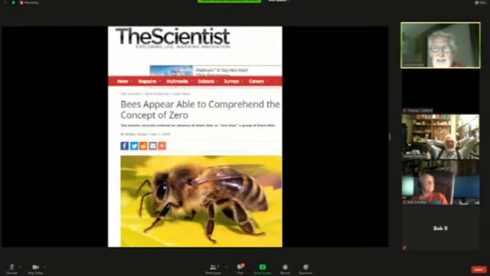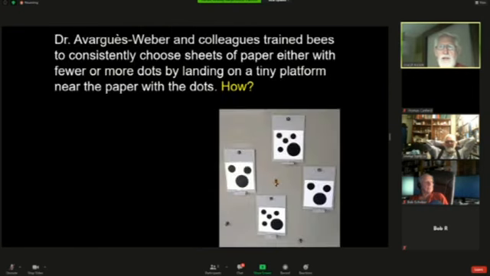Well, not only that, they can understand the concept of zero. How in the world did we figure that out? Well, the bees were offered samples of nectar, and they were trained to do it in sequence so that the number of dots from one occasion to the next was decreased from, you can see here, the larger number of dots, 5 being the largest number there, down to finally where they took it down to no dots.